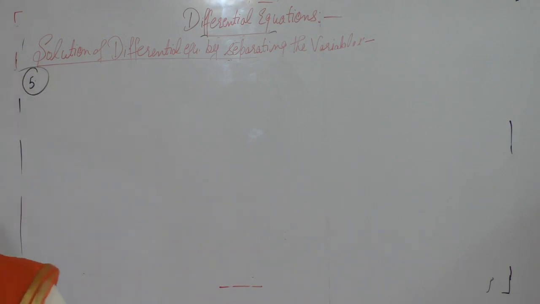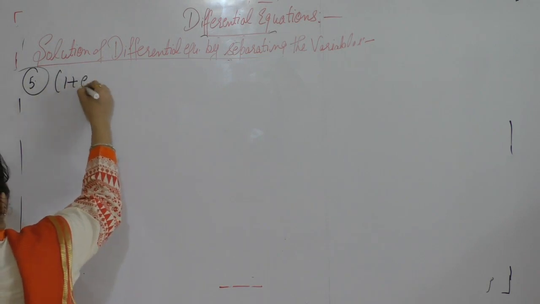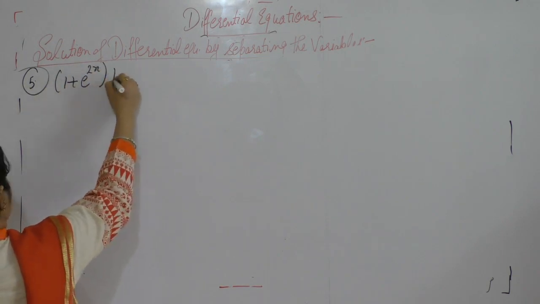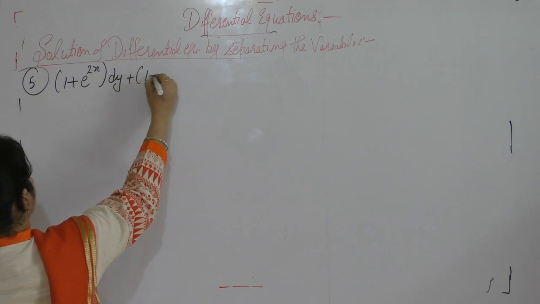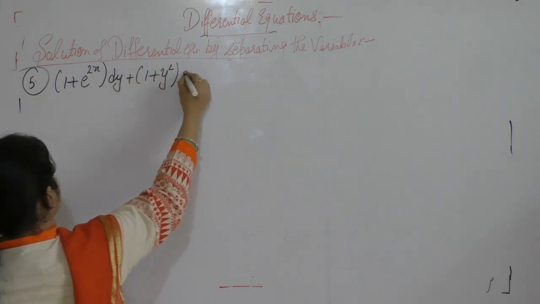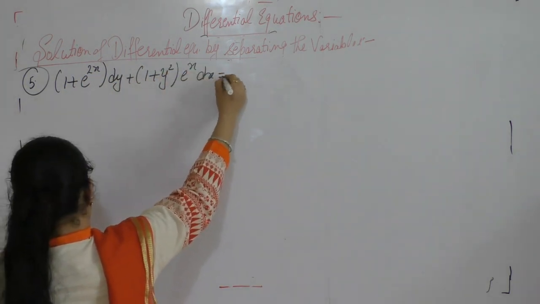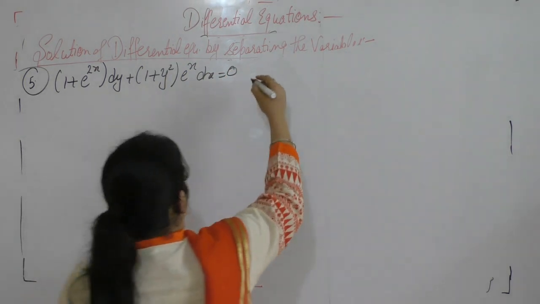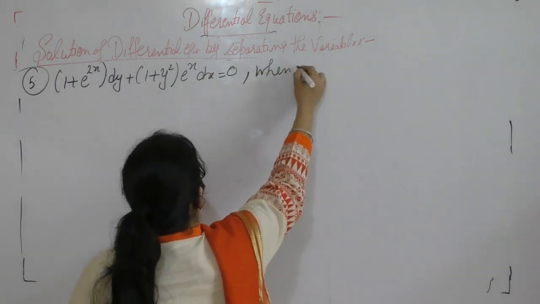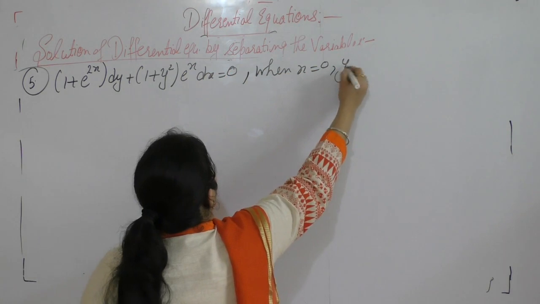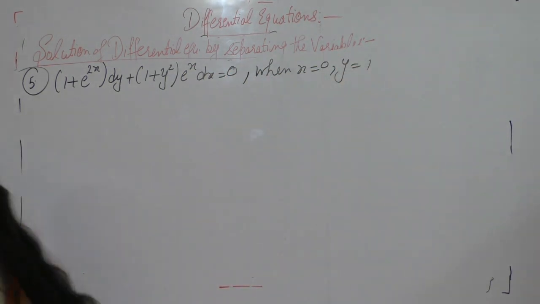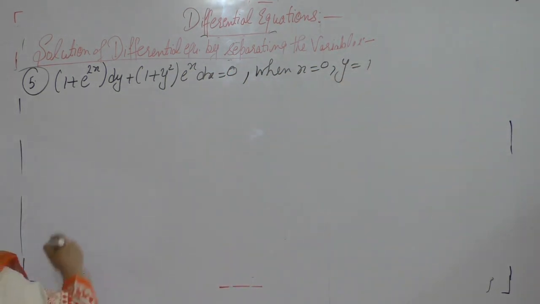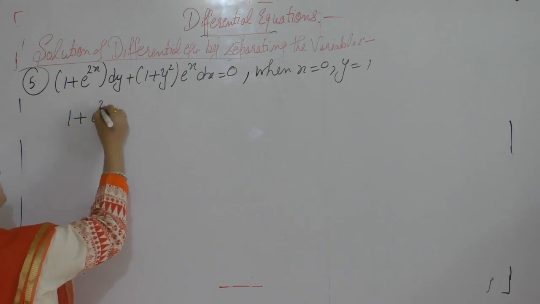Solve the differential equation (1 + e^2x) dy + (1 + y^2) e^x dx = 0, given that when x is 0, y is equal to 1. First separate the variables.